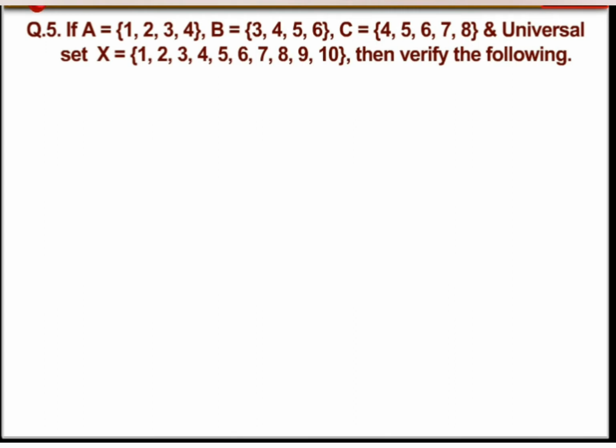Then verify the following. Number 2. A ∩ (B ∪ C) is equal to (A ∩ B) ∪ (A ∩ C).